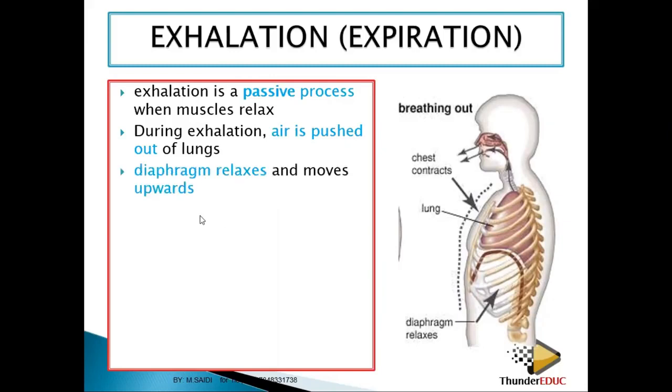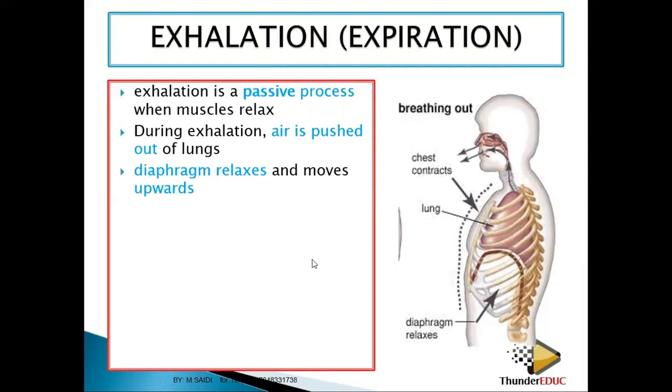So what causes air to be pushed out? Number one, the diaphragm relaxes and moves upwards, to the inner side. You see, it was passing here during inhalation, but now it is pushed inside.